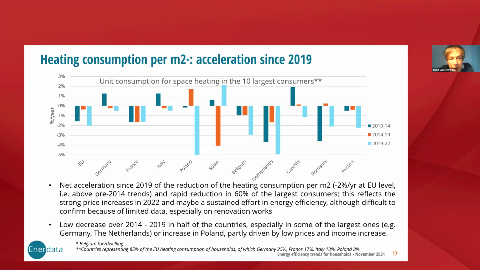What is interesting to note is that there has been a net acceleration of the reduction trend of the heating consumption per square meter. It reached 2% per year at EU level, which is even above the decreasing trend observed before 2014. And there was a rapid reduction in the majority of the largest consumers.